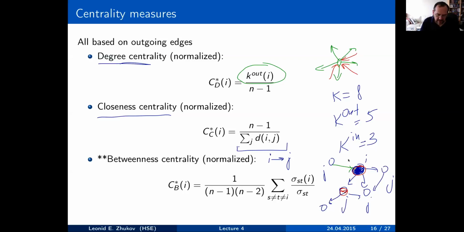It's 1 step. Distance from this node to this node is 2, because there are 2 steps. But distance from this node to this node will really be infinity. It's not reachable, because the direction of the edge is towards node i, and we need to calculate distances from node i.